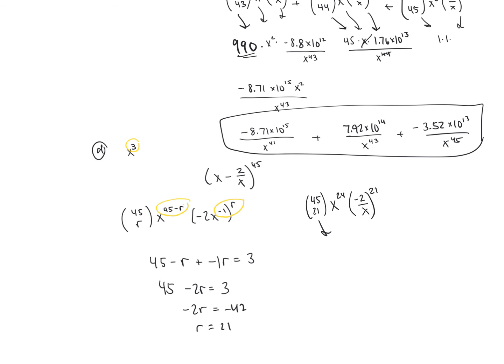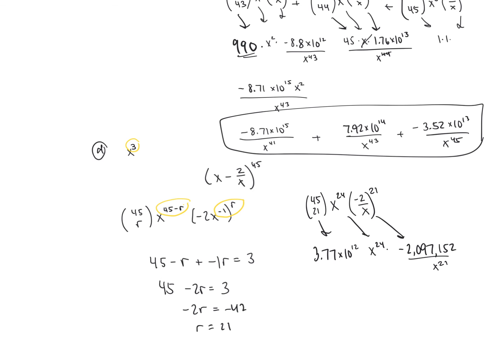This is, in scientific notation, 3.77 times 10 to the 12th, x to the power of 24. This is negative 2,097,152 over x to the 21.